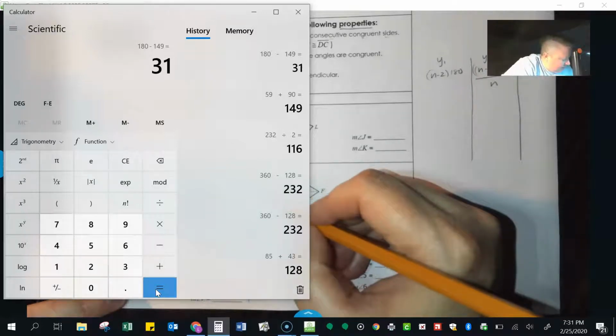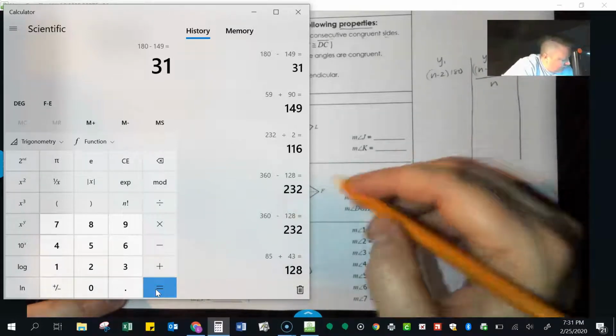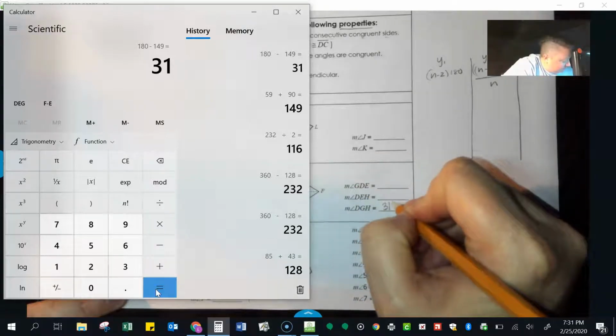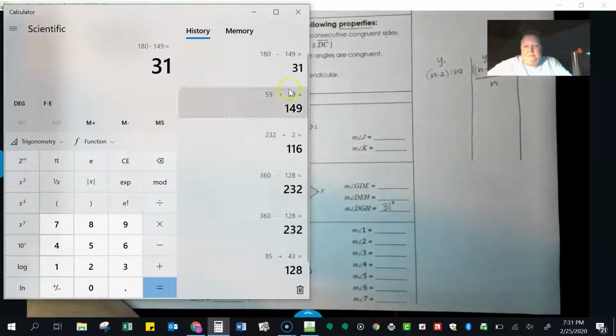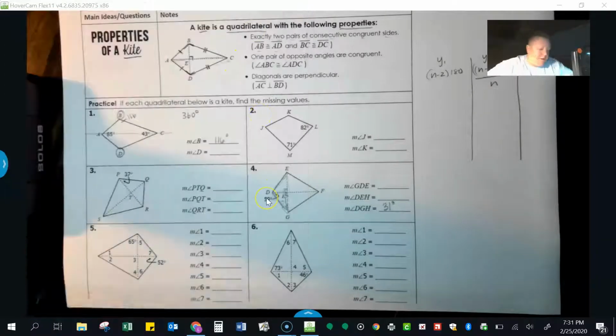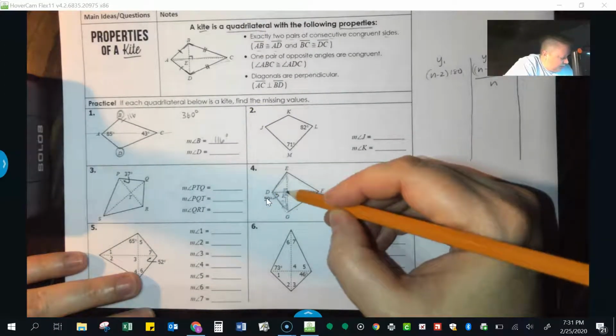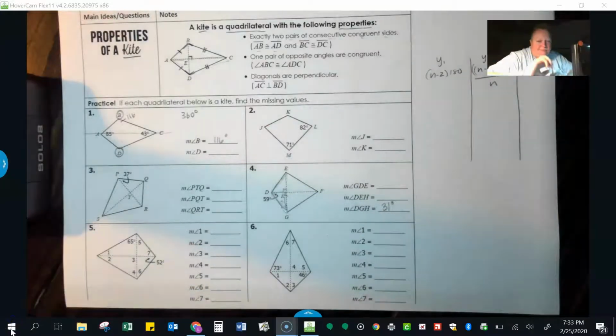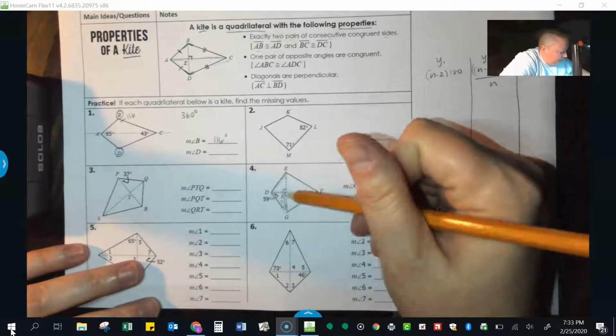So this DGH is 31 degrees. Okay, so we found DGH.